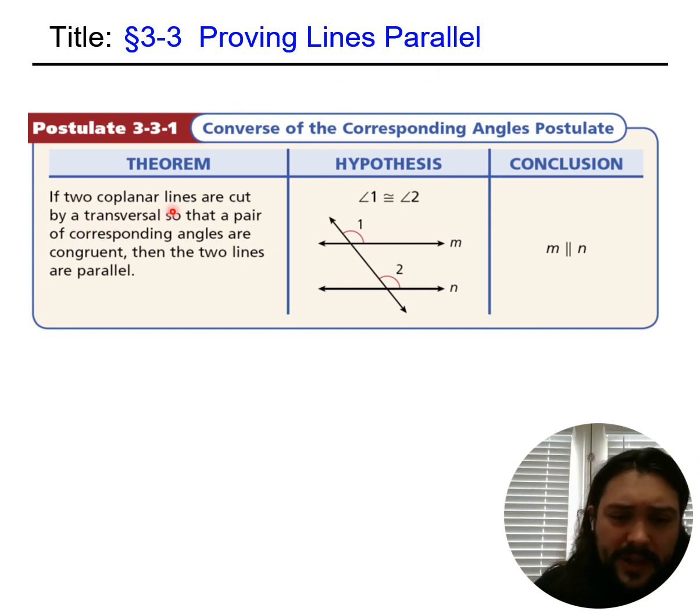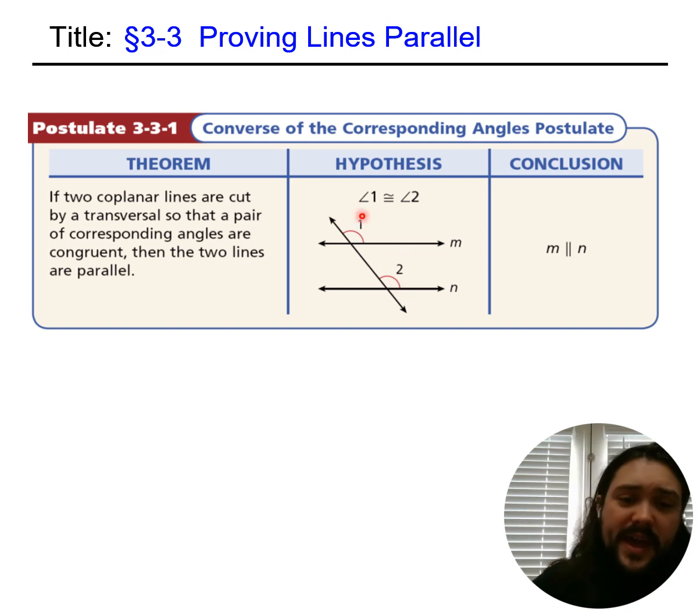If two coplanar lines are cut by a transversal so that a pair of corresponding angles are congruent, then the two lines are parallel. So this is the converse of the corresponding angles postulate. The corresponding angles postulate was that if these two were parallel and they were cut by a transversal, these two corresponding angles were congruent.